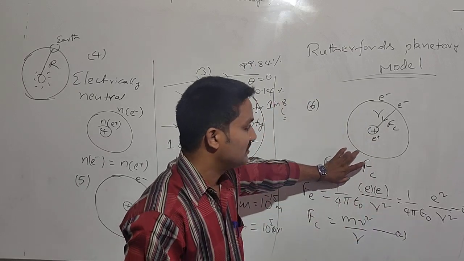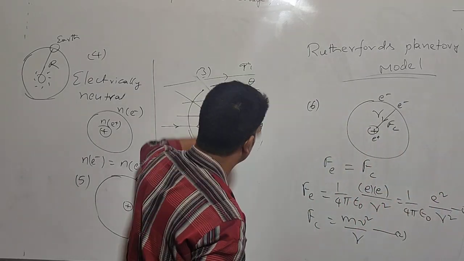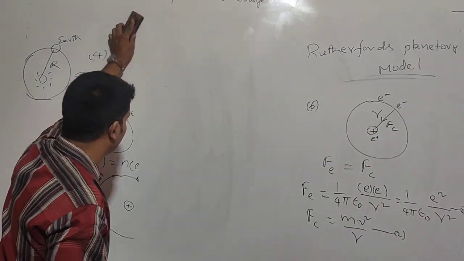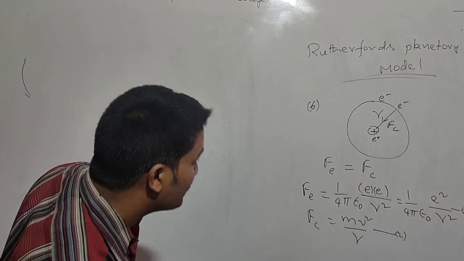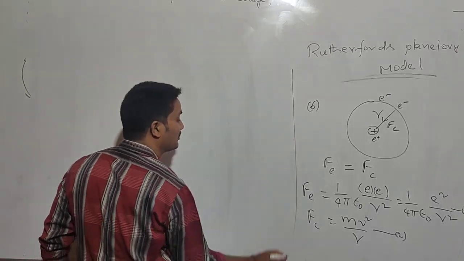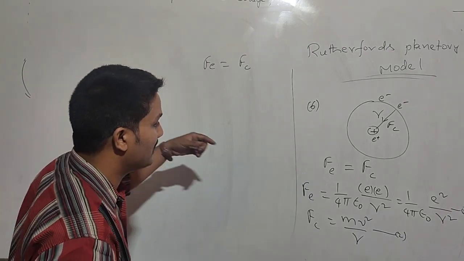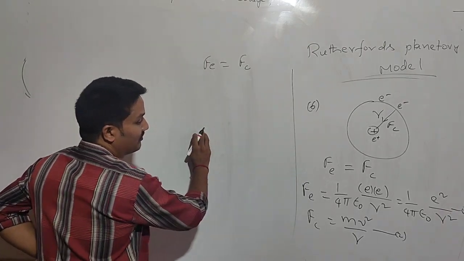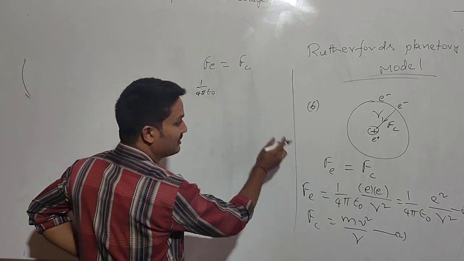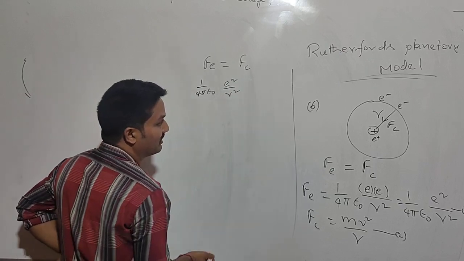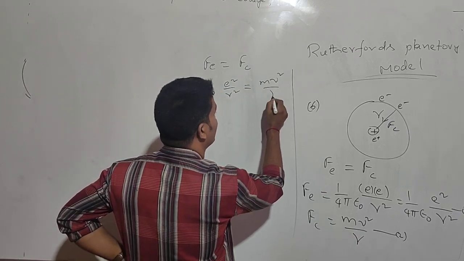Now, these two equations are substituted, so Fe is equal to Fc. What we got here: 1 by 4 pi epsilon naught e square divided by r square is equal to Fc, that means mv square by r.